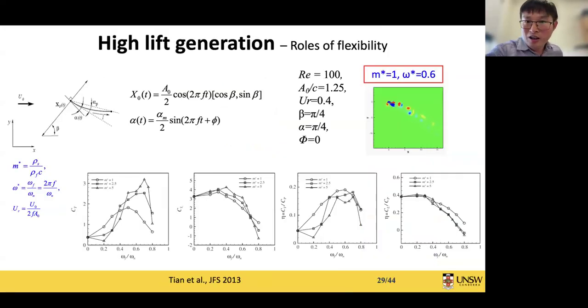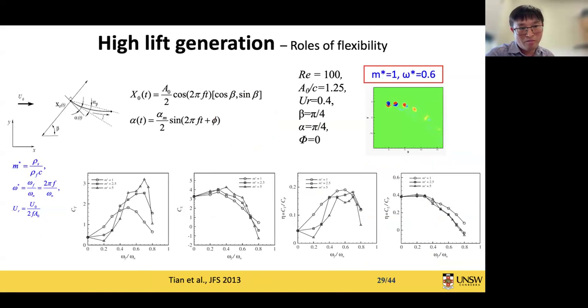Okay, as we know, the wings are flexible, with complex deformations. When we consider flapping wings, we introduce more parameters like density ratio, or mass ratio, the structure to fluid mass ratio, and the frequency ratio, the ratio between the flapping frequency and the natural frequency of the structure.